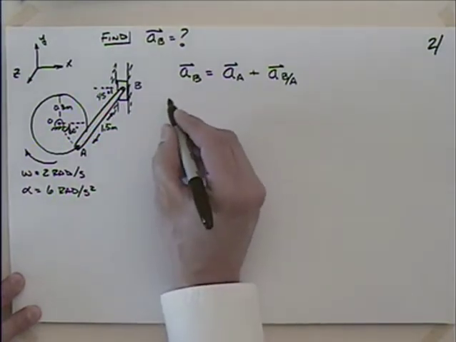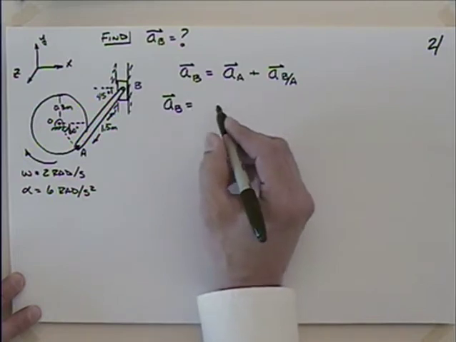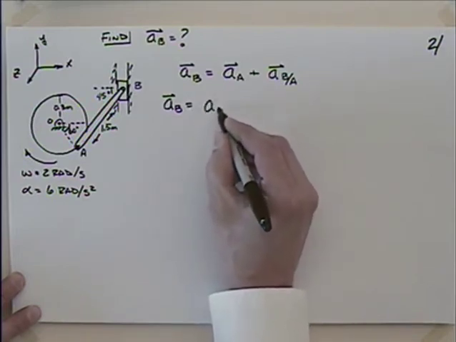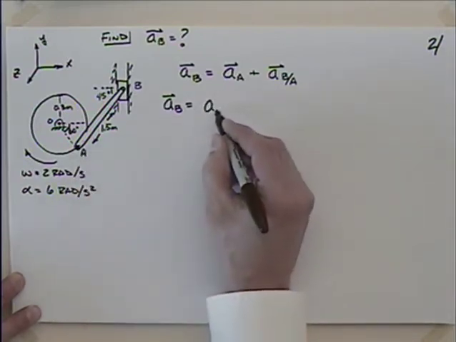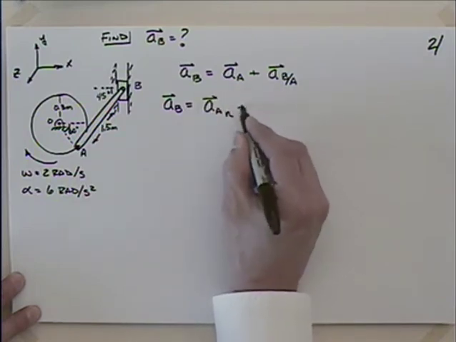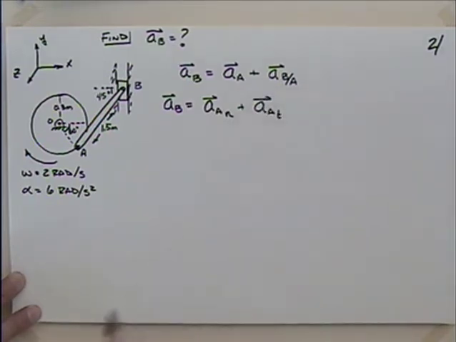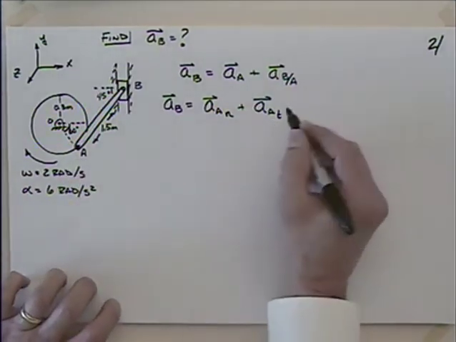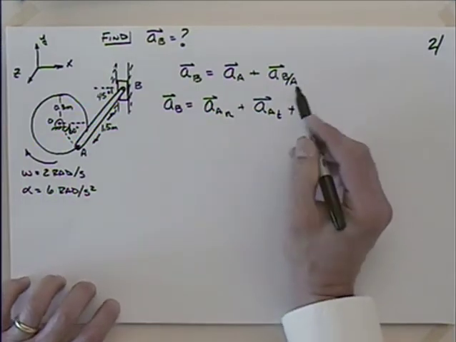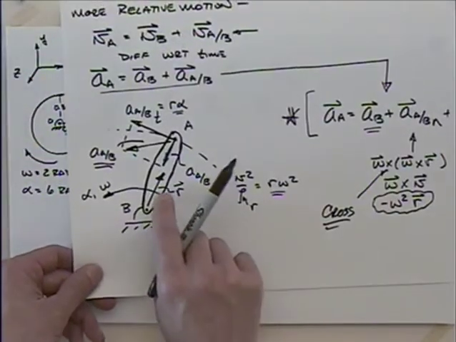So let's expand this a little bit. The acceleration of B then would be equal to the acceleration of A in the normal direction plus the acceleration of A in the tangential direction, right? Because A's moving around that circle. Is it going to have a normal piece and a tangential piece? Absolutely. Then I have to add to it the B with respect to A. Well, B with respect to A is actually going to look a lot like this one right here.